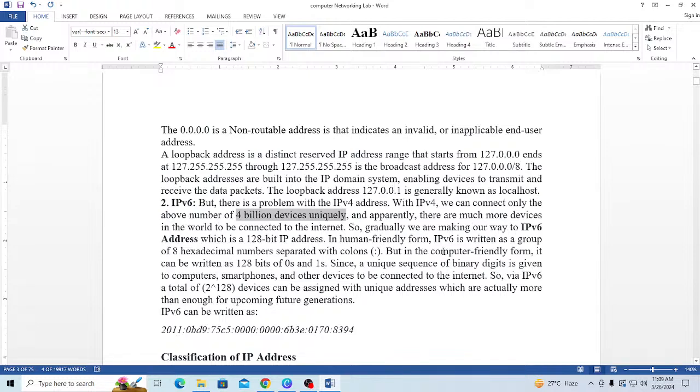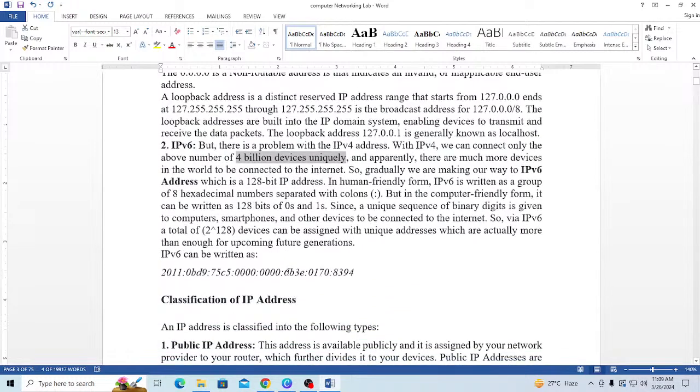The capability of connecting to the internet is increased up to 4 billion devices. So that is the range of IPv6, version 6. It is also an IP protocol, but the task is increased, the performance is increased, the capability is increased. This is the IPv6 version.